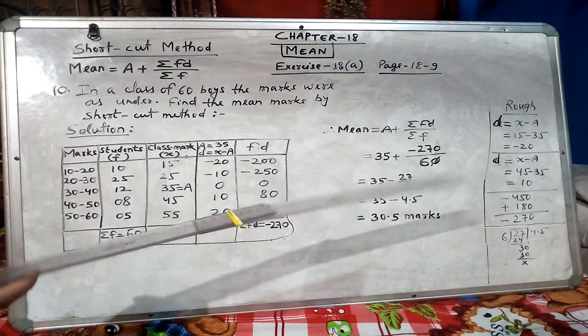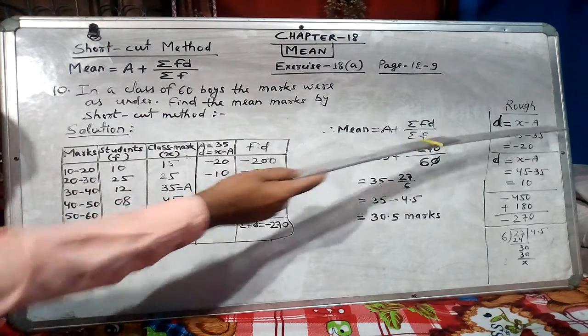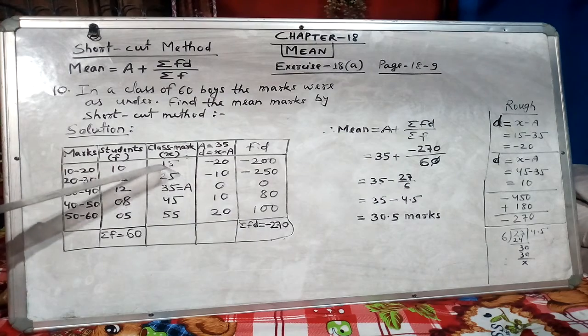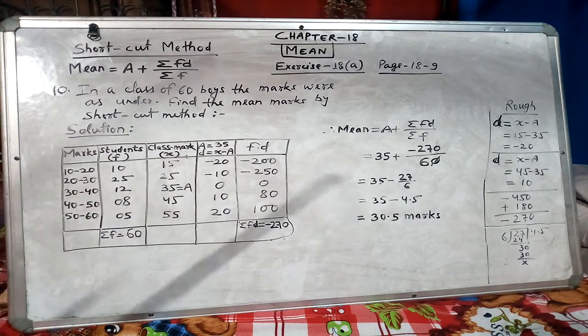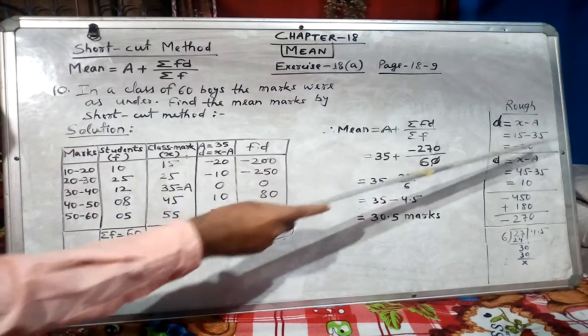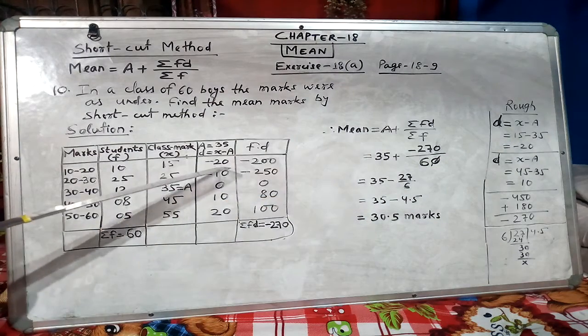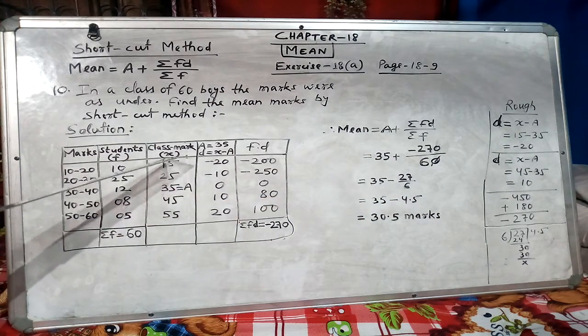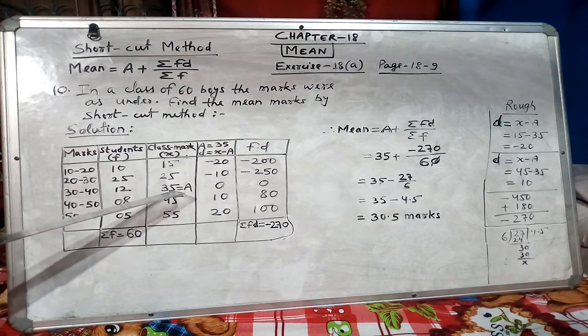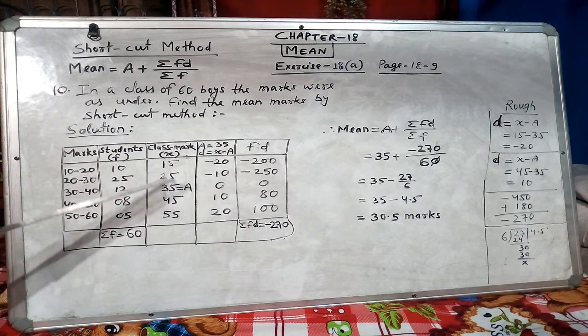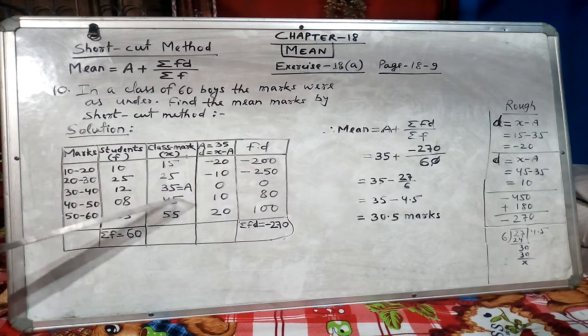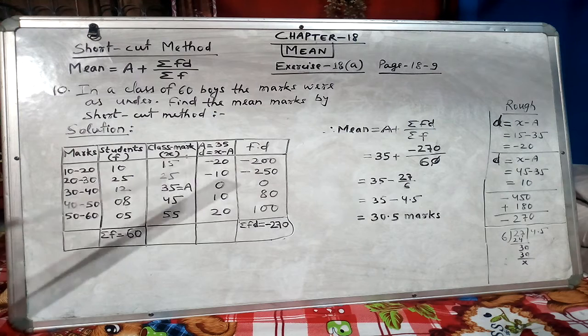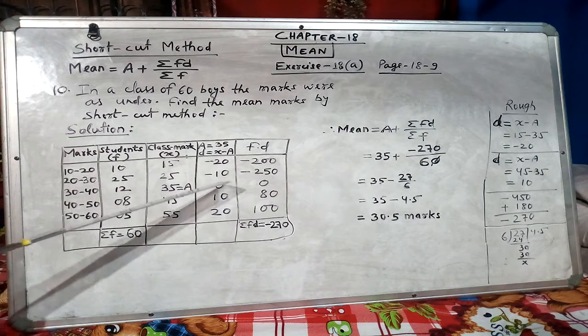How minus 20 came, I want to show you. In the rough work, d is x minus a. Who is x in this column? 15. And who is a? 35. So 15 minus 35 is minus 20. Similarly 25 minus 35 is minus 10. In this row, 35 gets subtracted from 35 itself, so 35 minus 35 is 0.